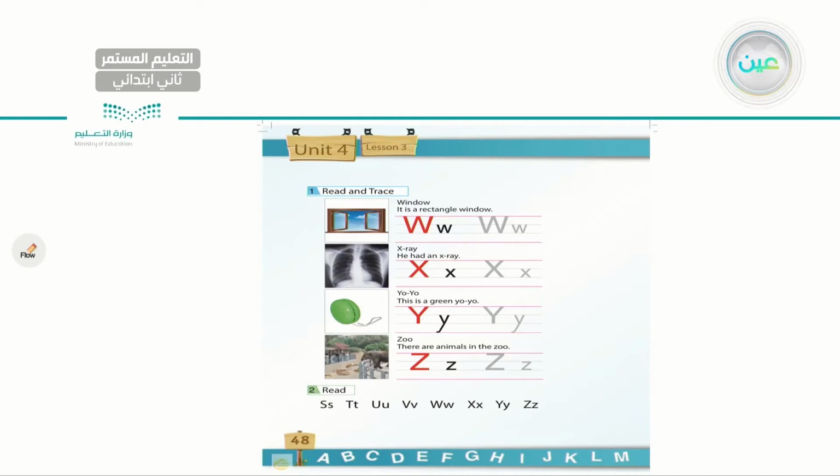Very good. Yellow. Excellent. Next, zoo. There are animals in the zoo. So I have the last letter Z. Z, zoo. Zebra. Very good, my dear student. So these are our last four letters in our alphabets.